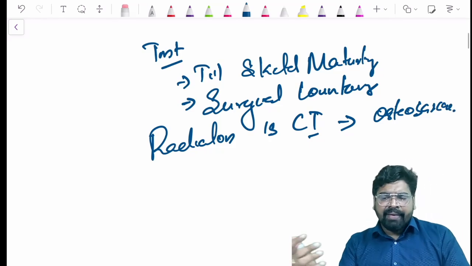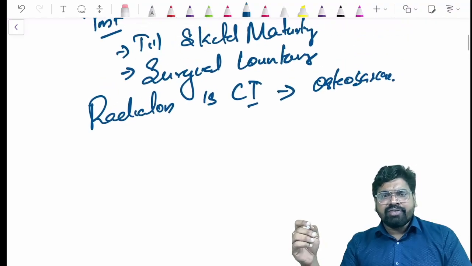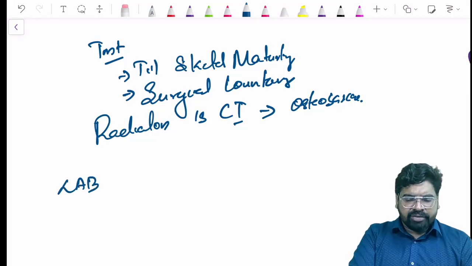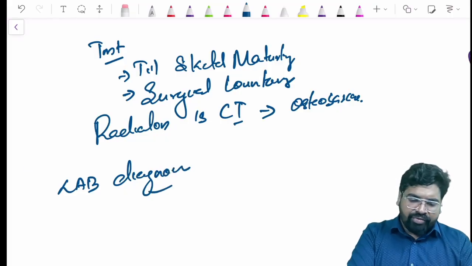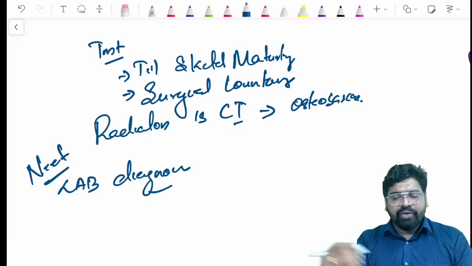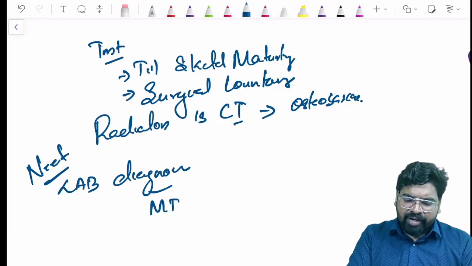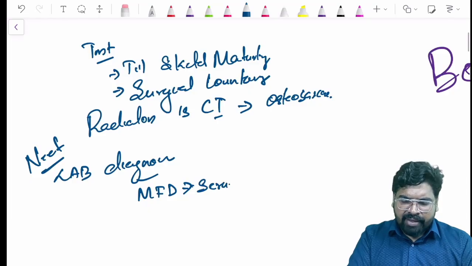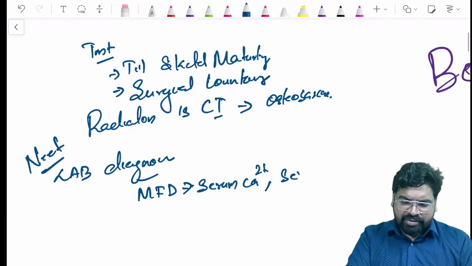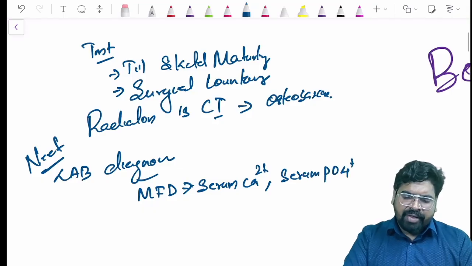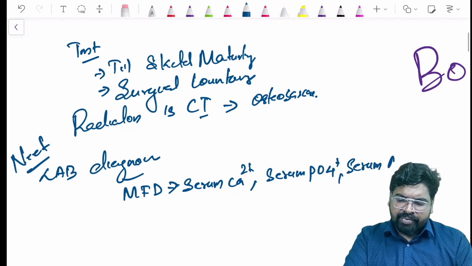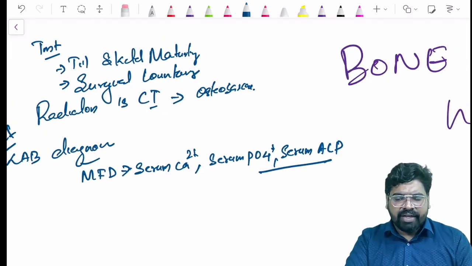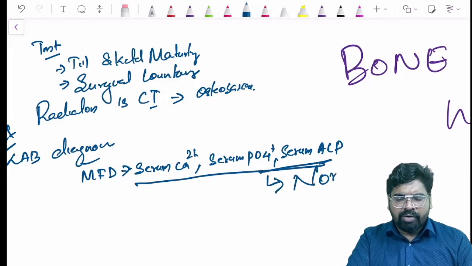Now there are some things you can see in the serum of these patients. In the lab diagnosis, this is a very favorite question for your NEET. In monostotic fibrous dysplasia, the serum calcium, serum phosphorus, and serum alkaline phosphatase will all be normal.